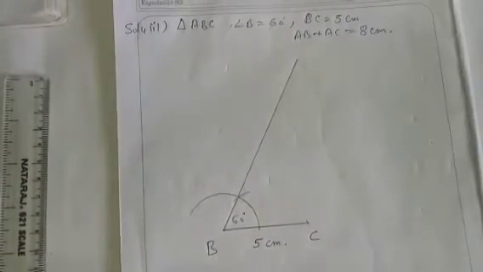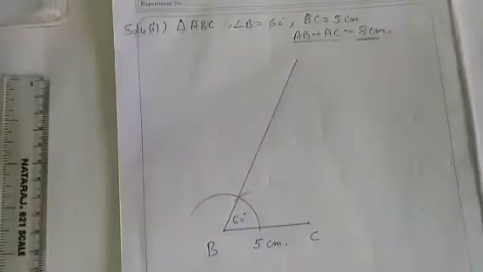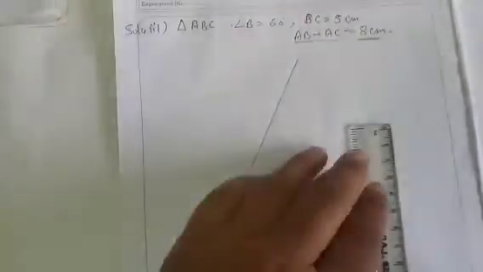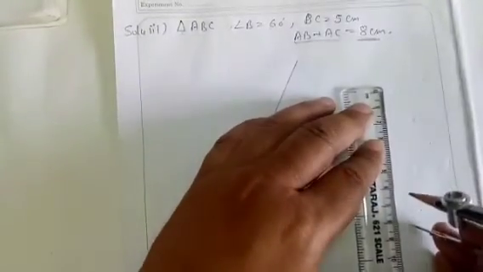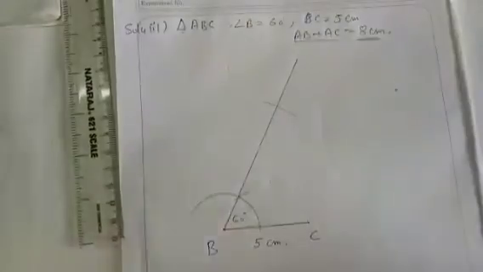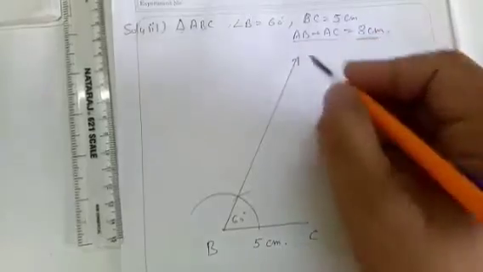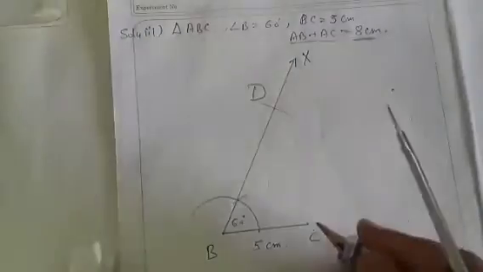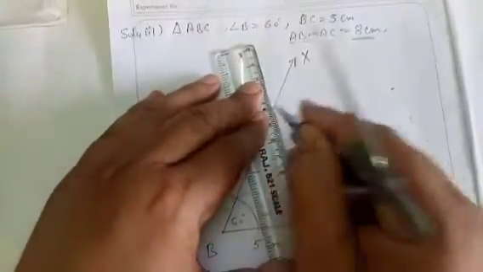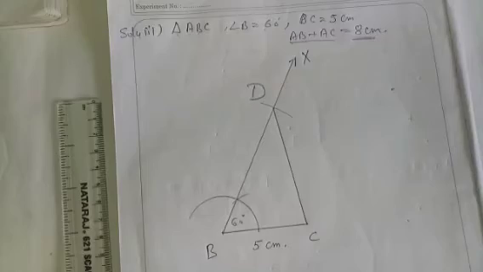Is it clear? Now what is the measure given next? AB plus AC equals 8. You take an arc of 8 centimeter from point B and cut it on the angle line you have drawn, and name the point D. Then join CD.